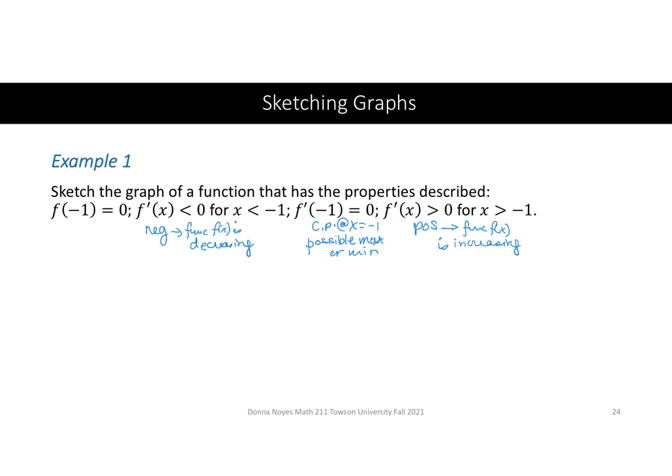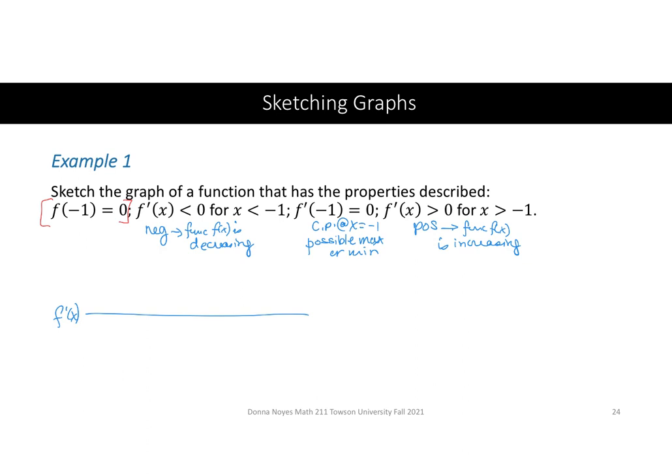So if we were to take all of this information and put it on one number line that represents our derivative, this is our derivative number line, f prime of x. We're going to just ignore for the moment this f of -1 equaling 0. We'll come back to it because we will need it, but for now, let's just focus on the derivative.